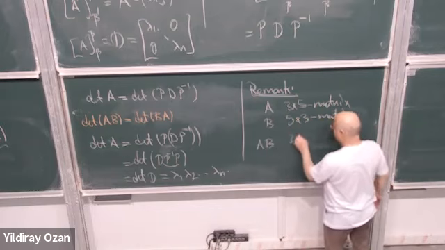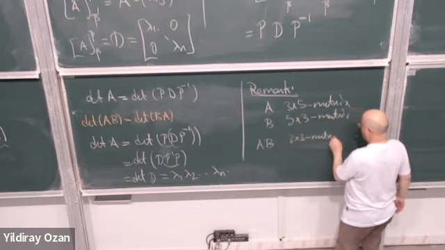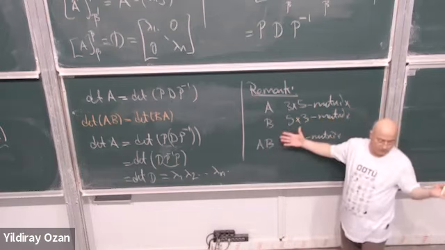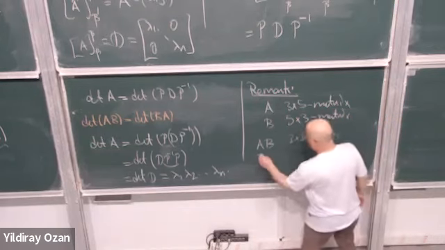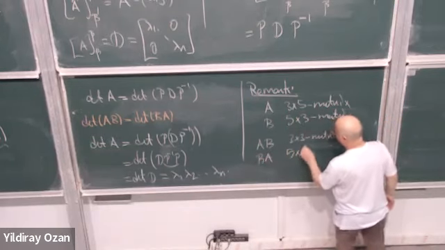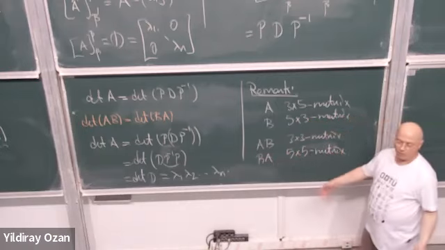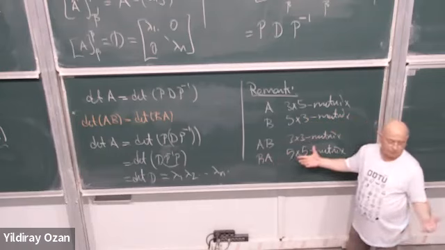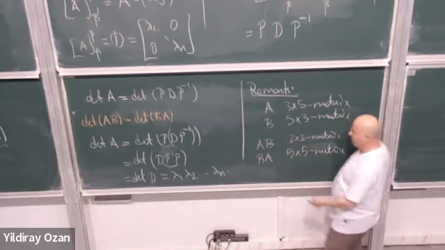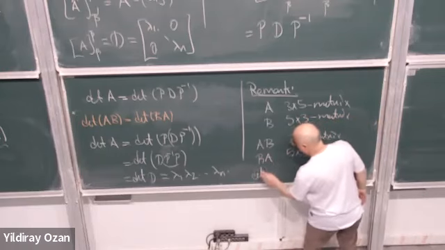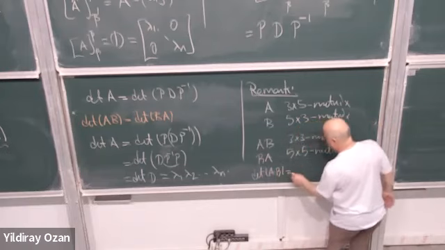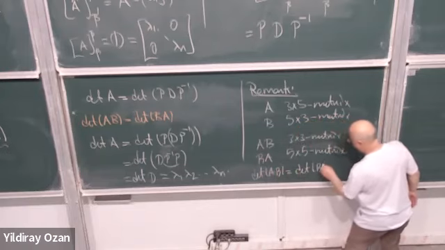A 3 by 3 matrix, right? I can talk about determinant. And B times A is a 5 by 5 matrix. So both of them have determinants.